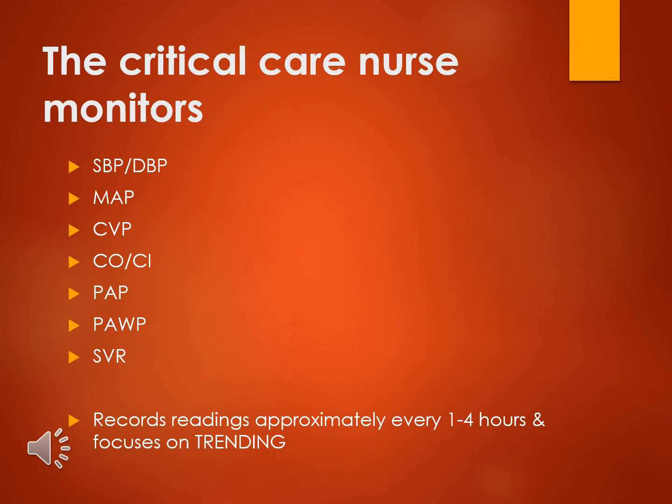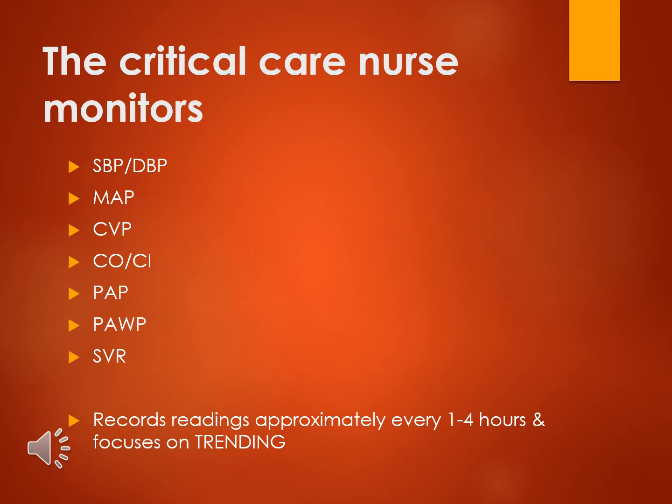So critical care nurses are going to monitor our systolic and diastolic blood pressure, mean arterial pressure, central venous pressure, cardiac output and cardiac index, pulmonary artery pressure. Pulmonary artery wedge pressure is actually going to be done by the physician, but that's a number that's important to the critical care nurses also, and the systemic vascular resistance.